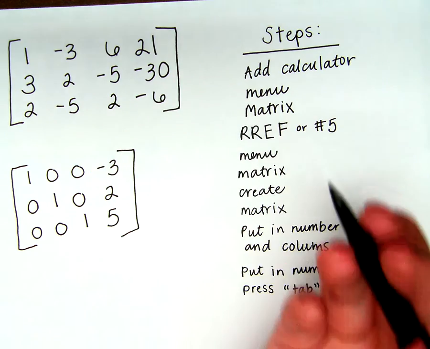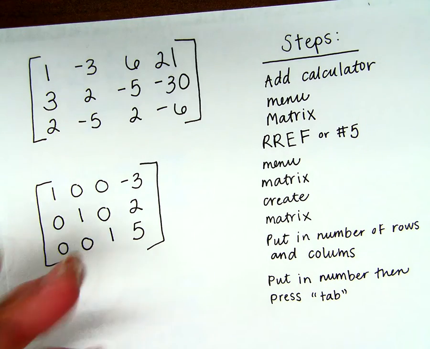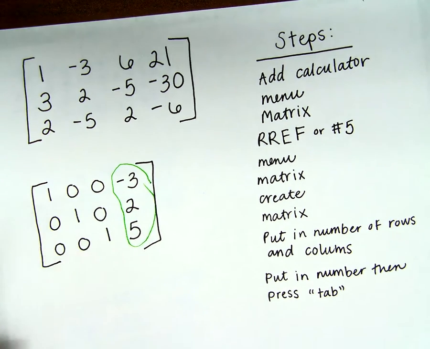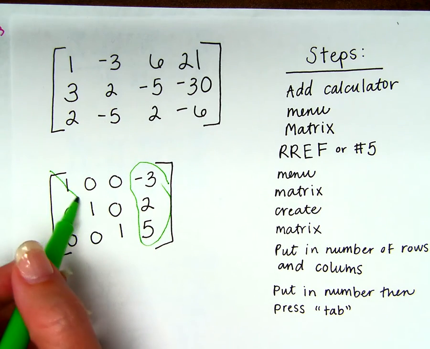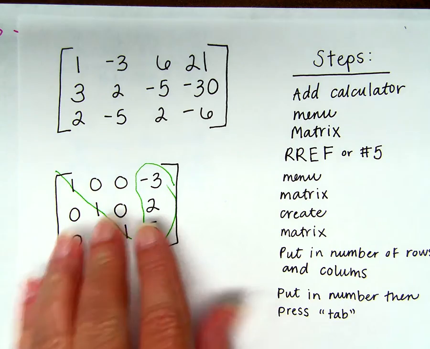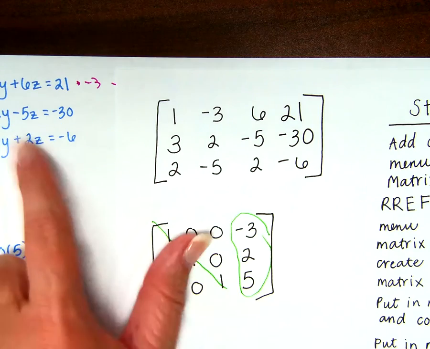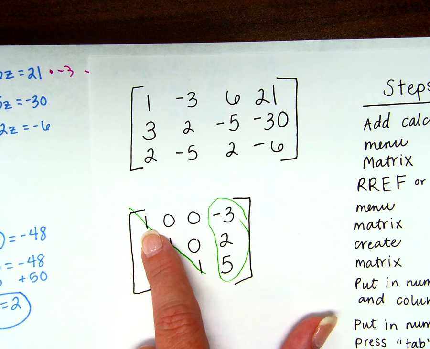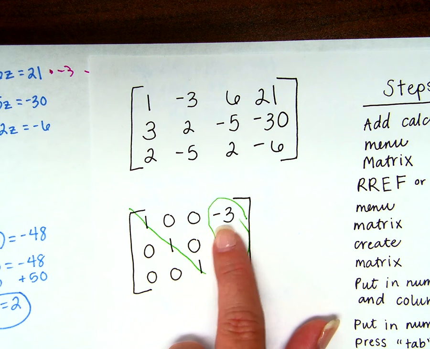Now, this right here is only the answer because that is a diagonal of 1s. Because if we converted this back into equation form, wouldn't this say 1x plus 0y plus 0z equals -3?